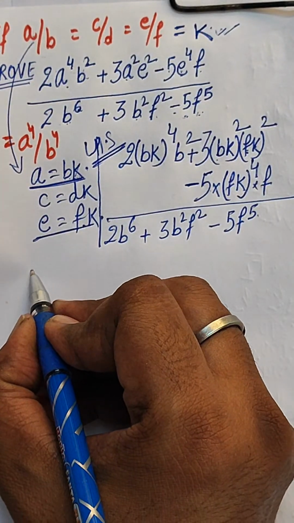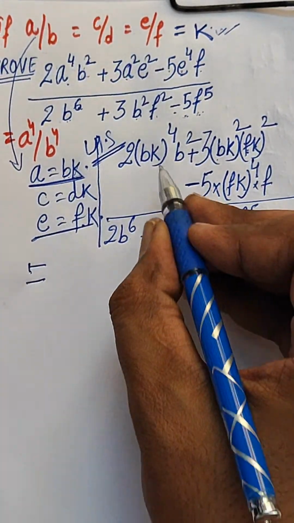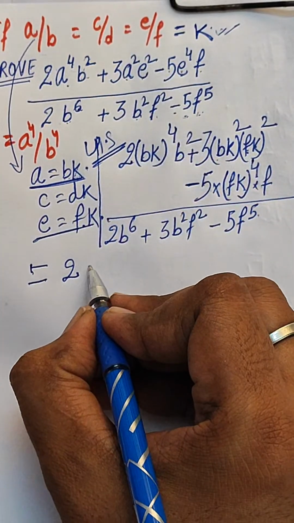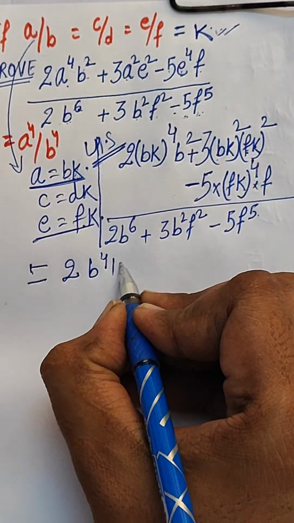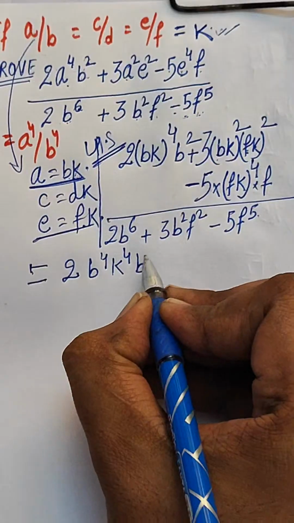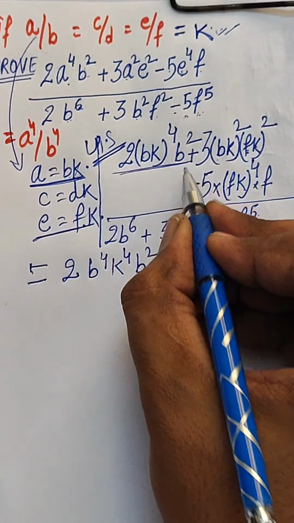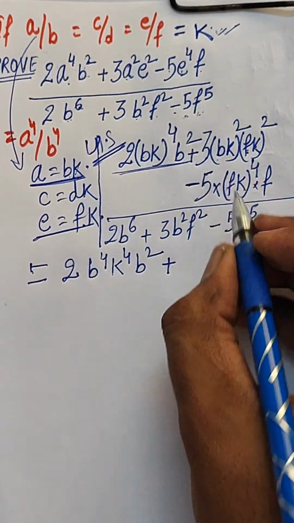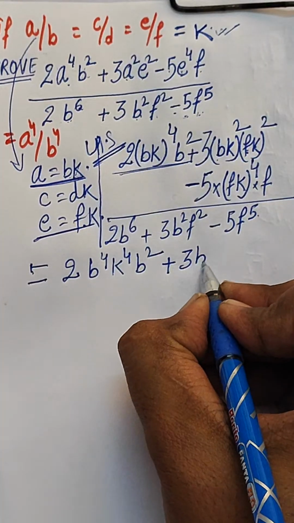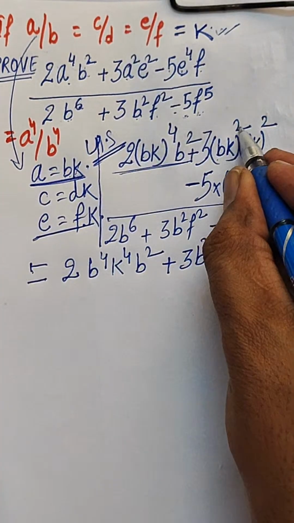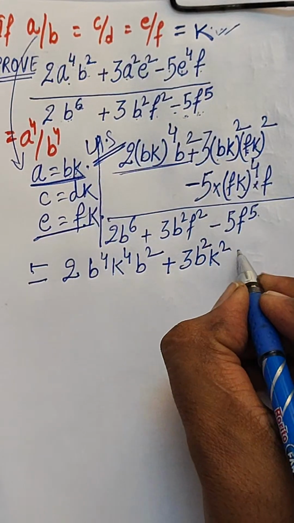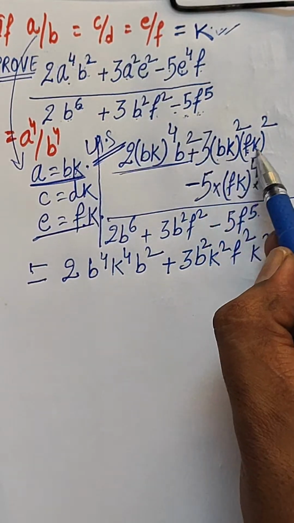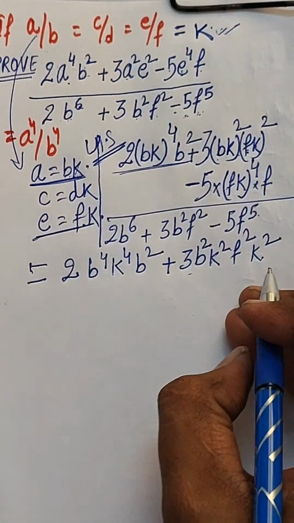So this will give our LHS as equal to 2 times b^4 k^4 and b^2, this term. Plus 3 times b^2 k^2 f^2 k^2 for the second term of the numerator.